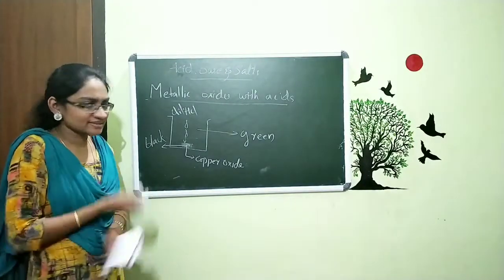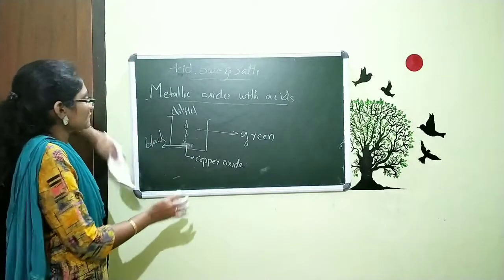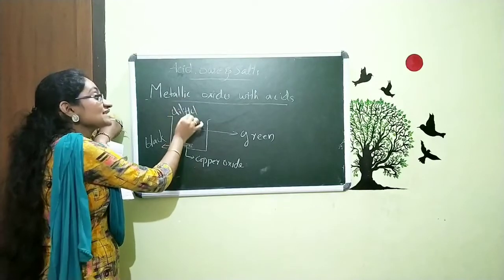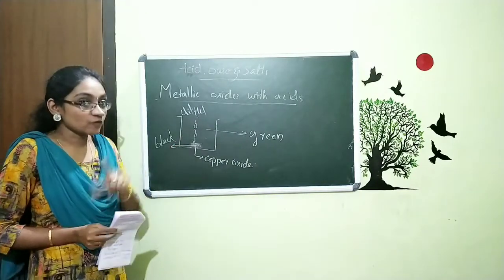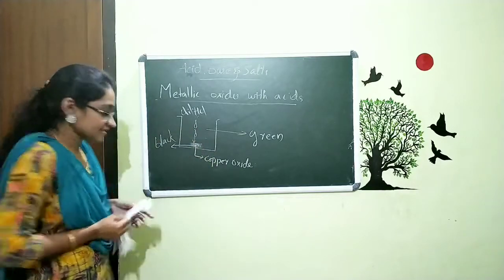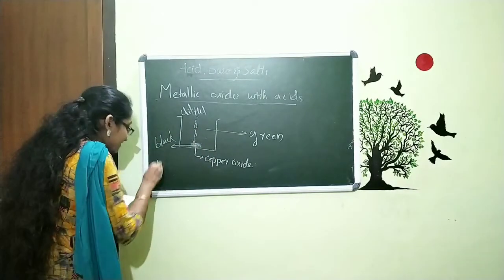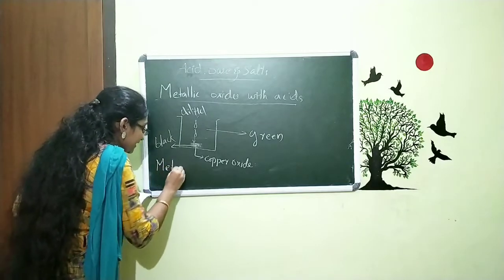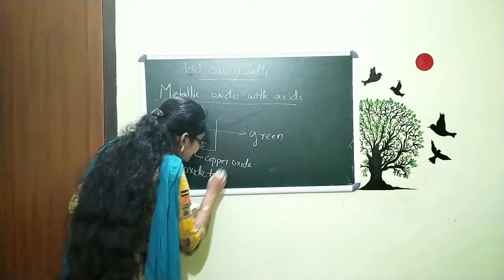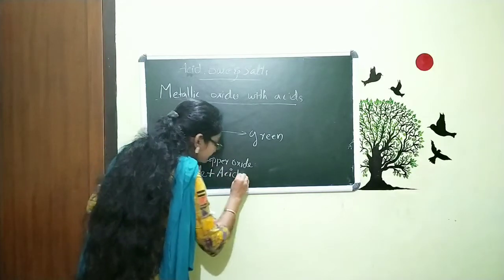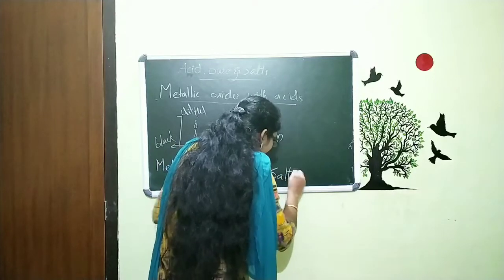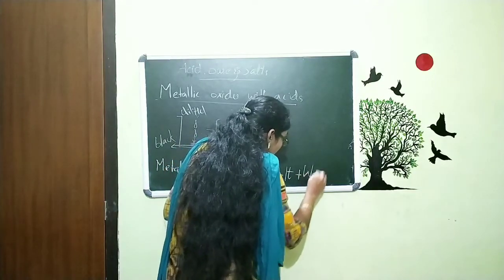We will discuss the equation later. For now, understand that when copper oxide reacts with acid, we get salt and also water. So the general equation is: when a metal oxide reacts with acid, we get the product as salt plus water.